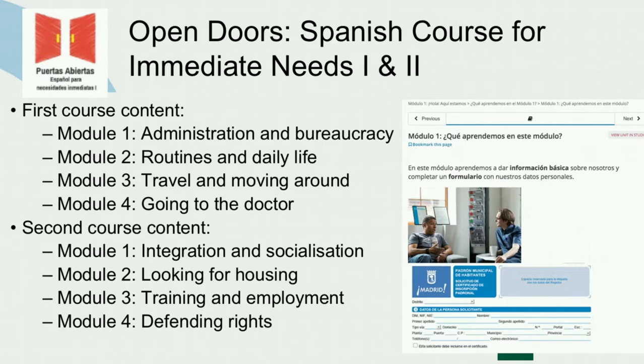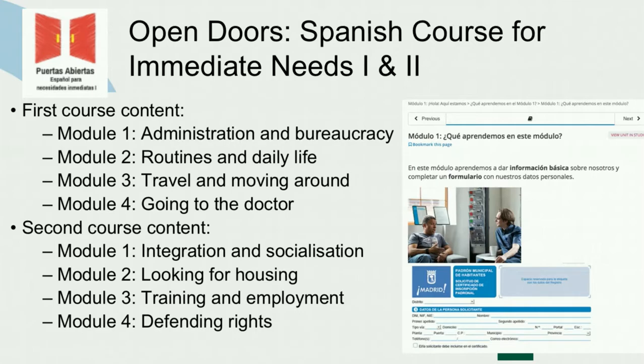Routines and daily life, just basic daily life, like how to move around and go into a shop or whatever, travel and moving around, that's part of it, and going to the doctor, and everything related to health issues, and how to go about to get professional assistance, medicines, etc.